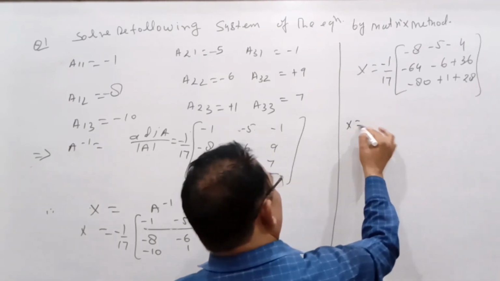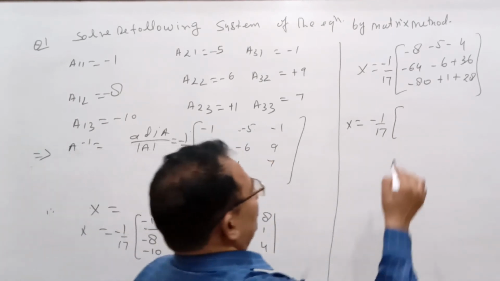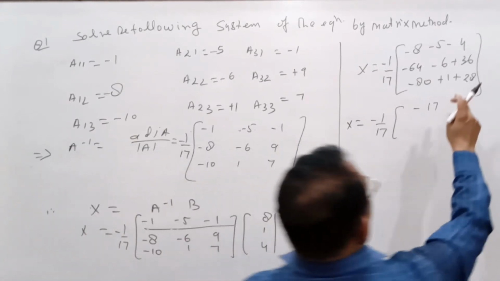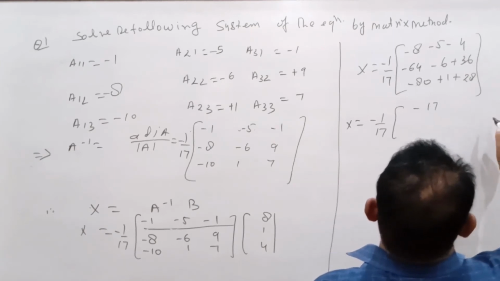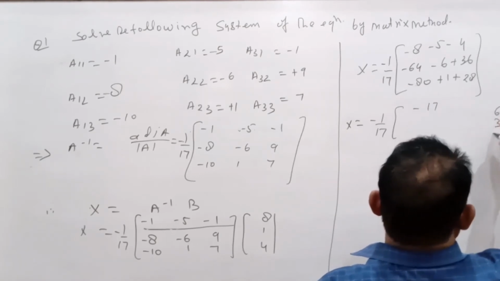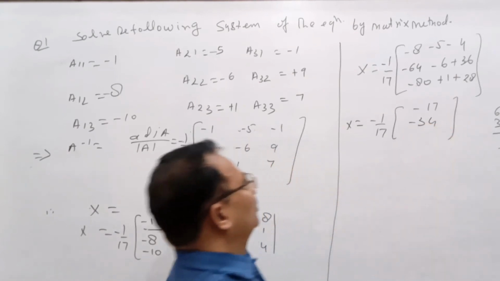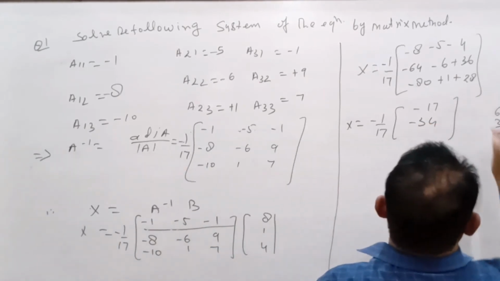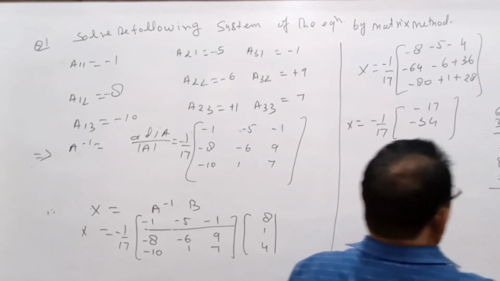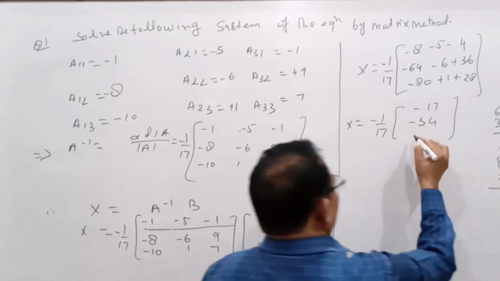Now X is equal to minus 1 by 17 into 8, 13 and minus 4. Then 30 remains, and minus 64 plus 4, that is minus 34. Also, 28 plus 1 minus 80 minus 29, that is 1, and 7 minus 2 is 5.